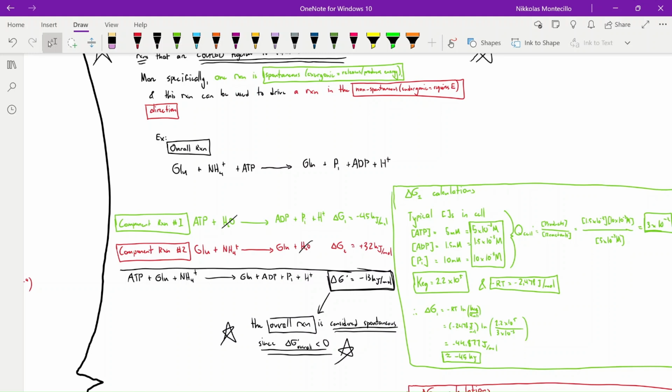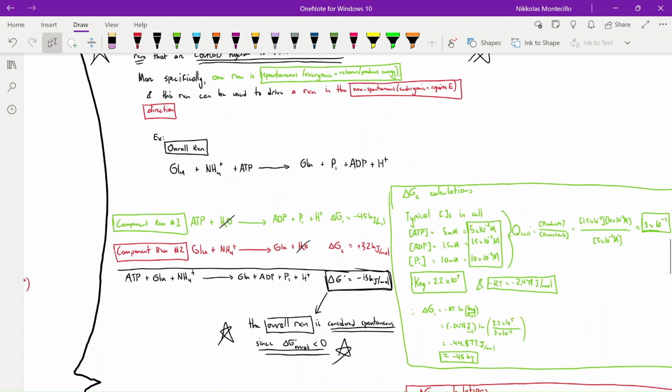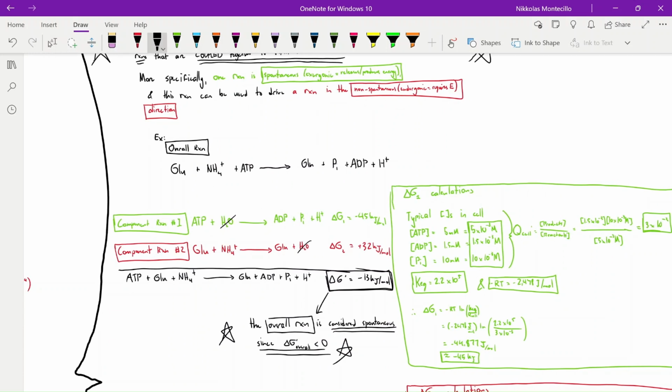So we needed a second reaction to occur, which is ATP hydrolysis. ATP hydrolysis produces negative 45 kilojoules per mole, while delta G of glutamate reacting with ammonium requires 32 kilojoules per mole to be put into the system. So the energy released from this reaction will be put into the reaction so that this reaction can occur.